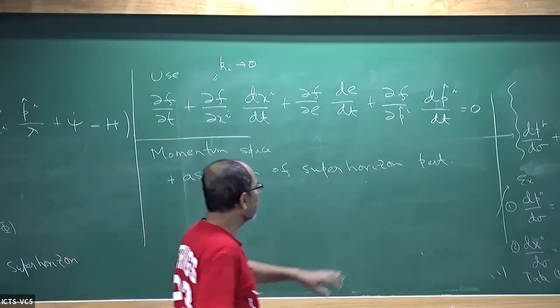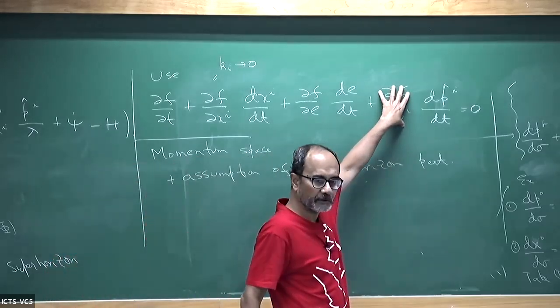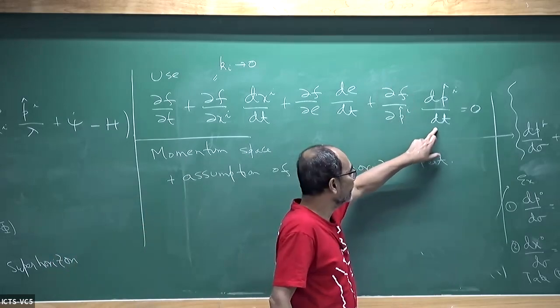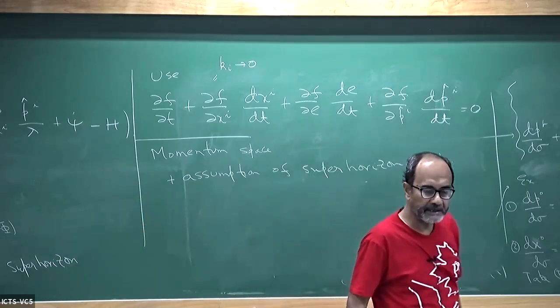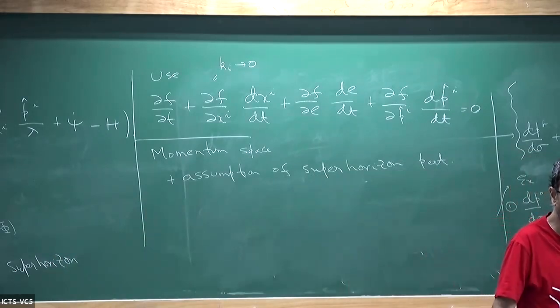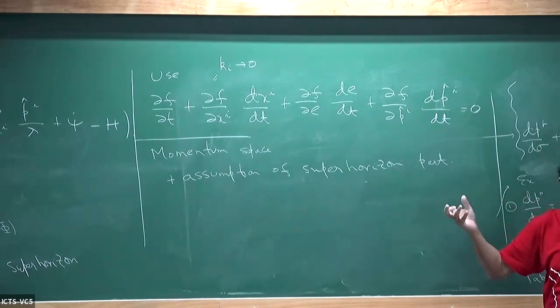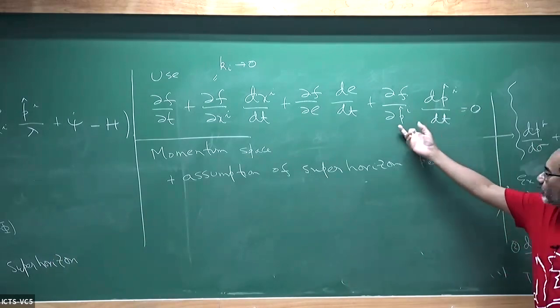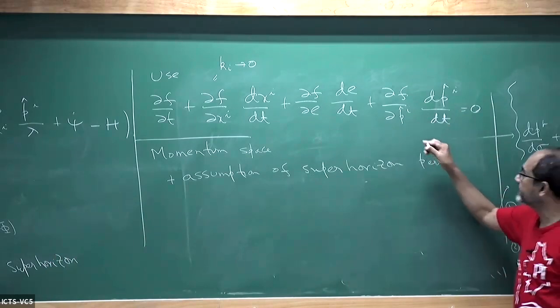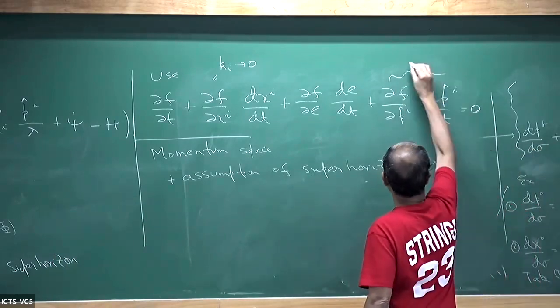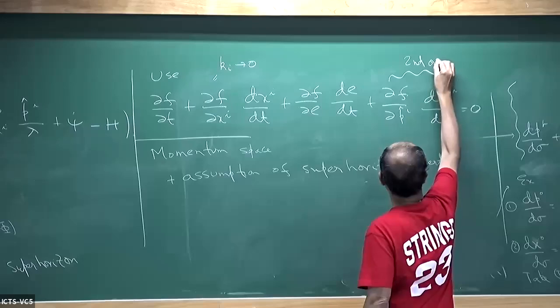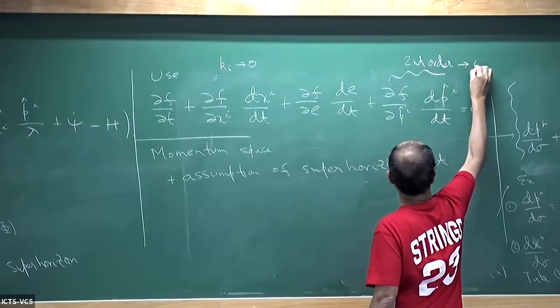So this is already first order in perturbation. dp hat i dt: in FRW, we had seen that the direction doesn't change, the straight lines are null geodesics. So in order for dp hat i dt to be non-zero, you need a perturbation. So this product is second order, and this also you can set equal to 0.